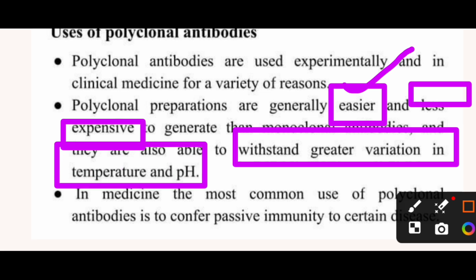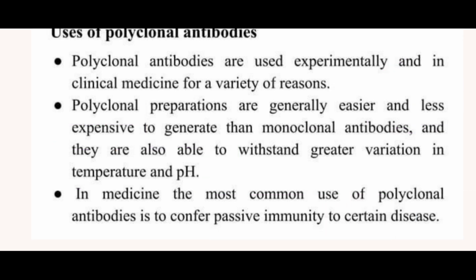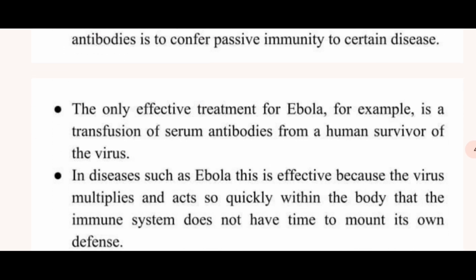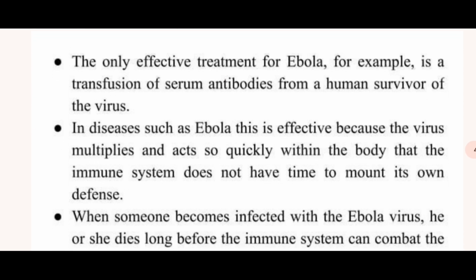And in medicine, the most common use of polyclonal antibodies is to confer passive immunity to certain diseases. The only effective treatment for Ebola, for example, is transfusion of serum antibody from a human survivor of the virus.